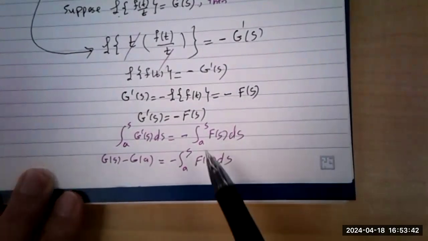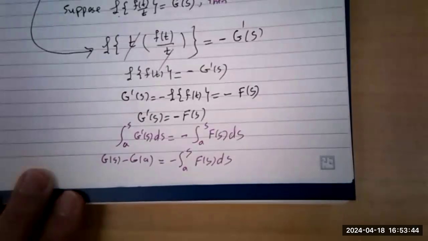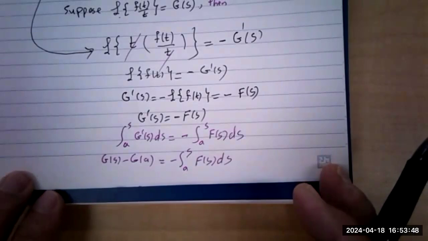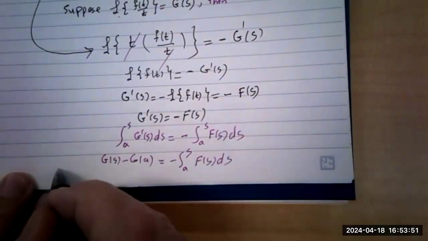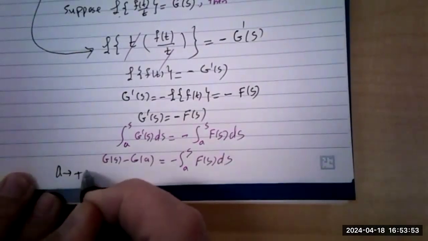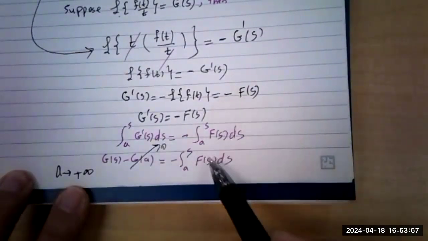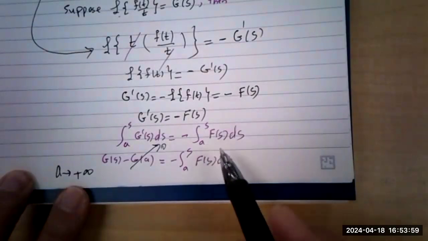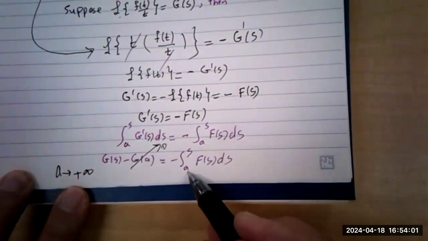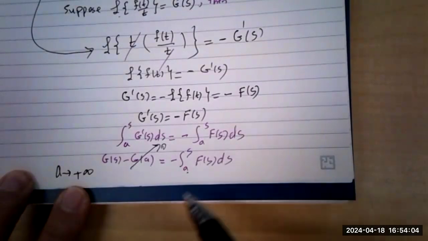So what I'm going to do, we need the integral from 0 to infinity, so I take the limit of both sides as a goes to positive infinity. When a goes to positive infinity, this would be 0, and this part would be just the integral from infinity to s.